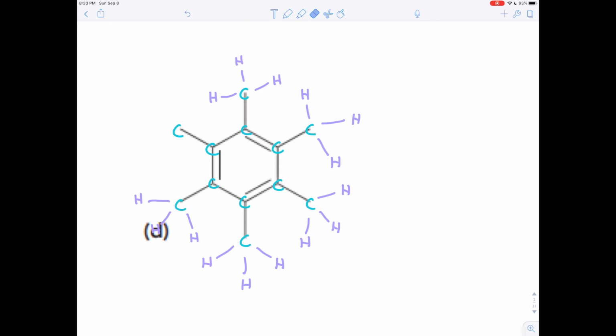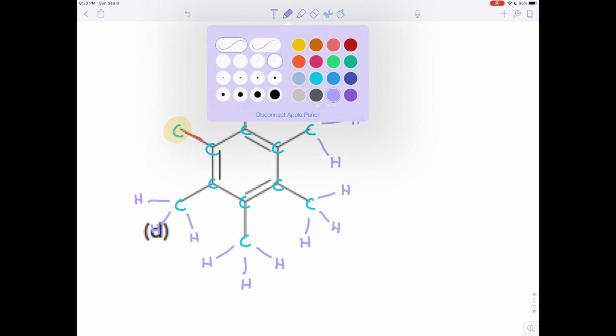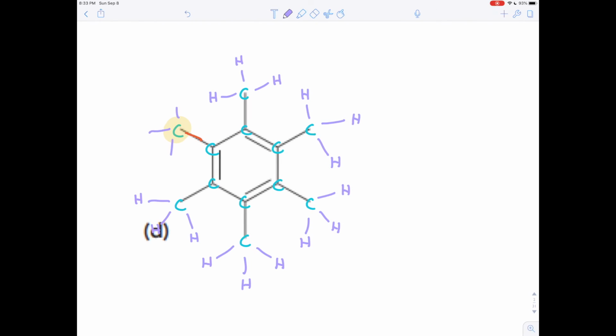The carbon here has 1, 2, 3, 4 bonds around it. So it will have 0 bonds to implied hydrogens. The carbon here has only 1 bond drawn explicitly around it, so it needs 3 more, all to implied hydrogens, in order to have a total of 4 bonds around it.